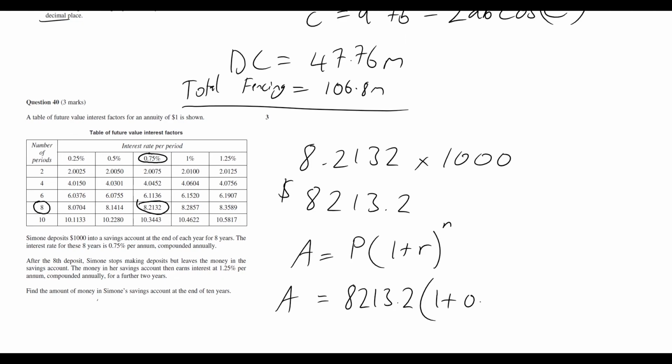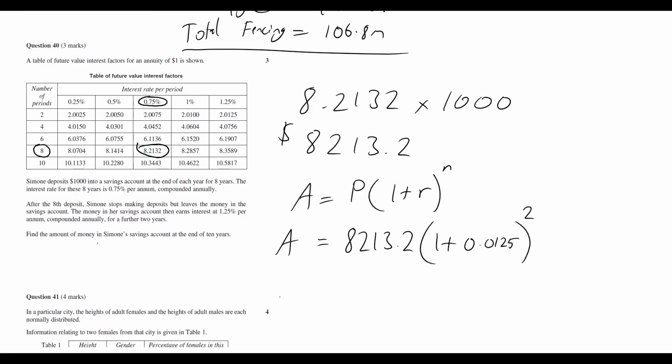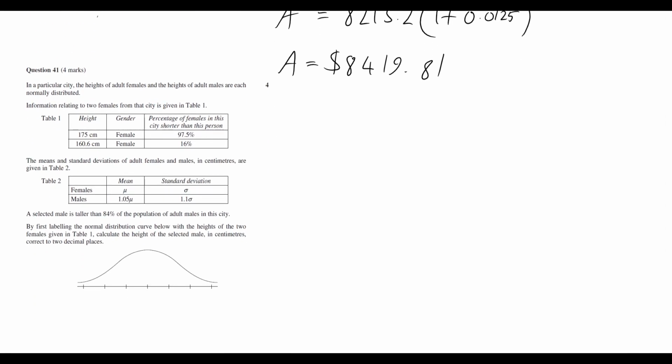So we'll write that as 0.0125. And how many years was it? It was 2 years. And so if we put that into our calculator, well, we get a value of A, the final amount, equal to $8,419.81.